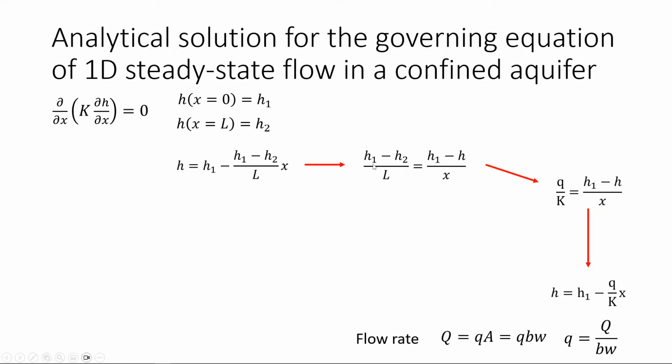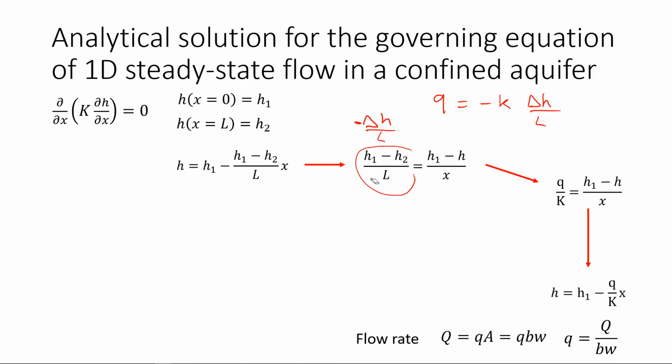Remember this? This is negative delta H, or just delta H over L. Does this look familiar? q is equal to negative K delta H over L. So I can express it like this, and this is negative.